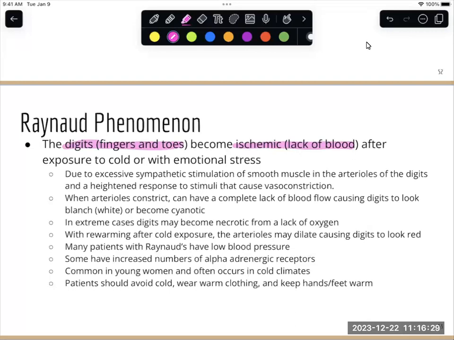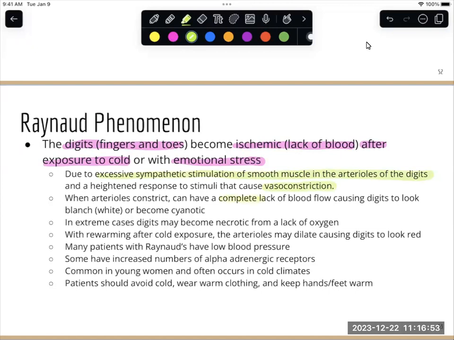It can happen after exposure to cold or emotional stress. And it is because of excessive sympathetic stimulation of smooth muscle in the arterioles of the digits, causing that vasoconstriction, that closing off of those blood vessels.